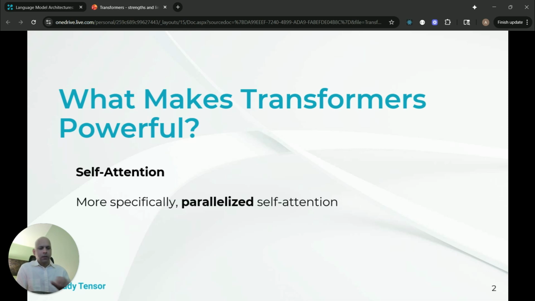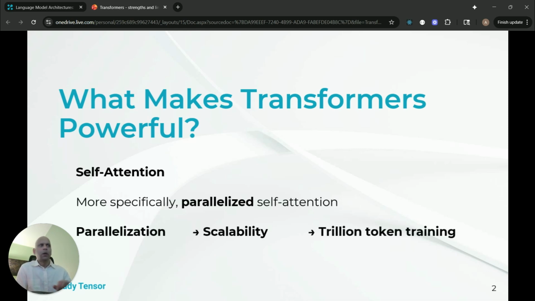That is what has led to the scalability. We have models which have been trained on trillions of tokens, documents found on the internet, and you can achieve all the brilliant performance you see from large language models because of that scalability achieved through parallelization. You have to really understand that part. This could not be done with previous architectures. You could not have trained an RNN on a trillion tokens.